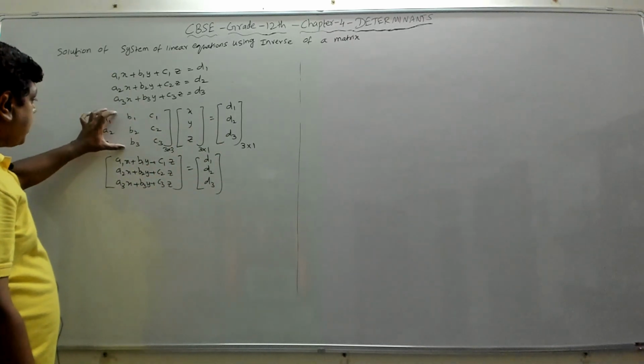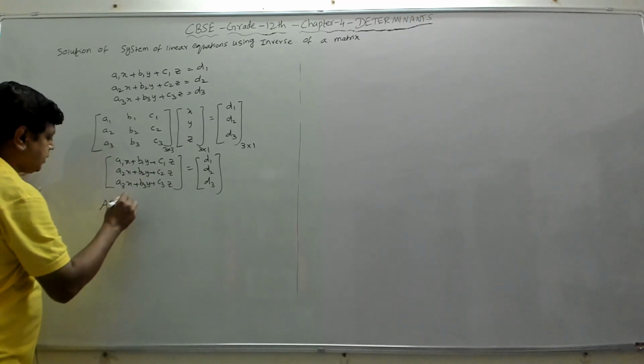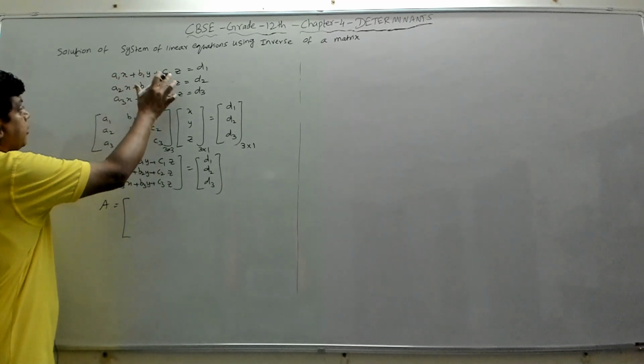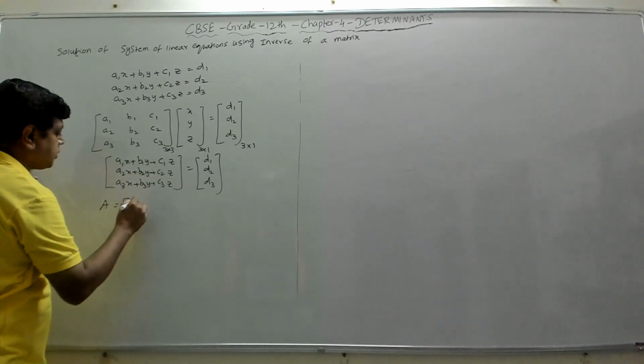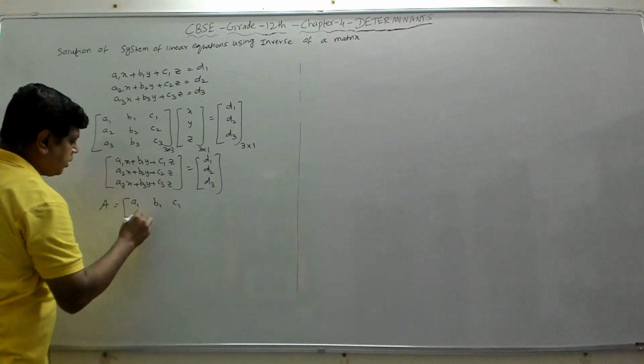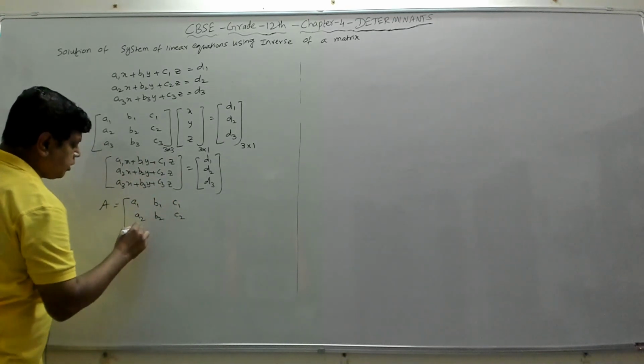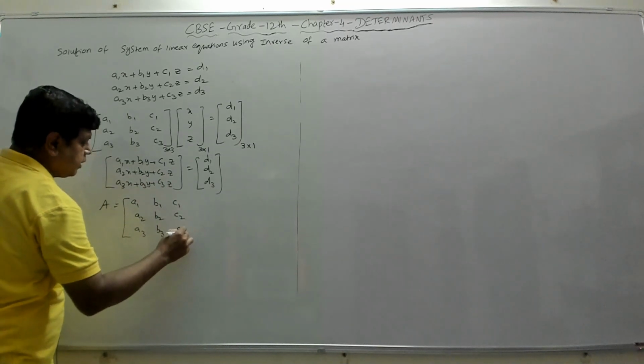Suppose I call this matrix A, which has the coefficients of the variables in the equations: a1, b1, c1, a2, b2, c2, a3, b3, c3.